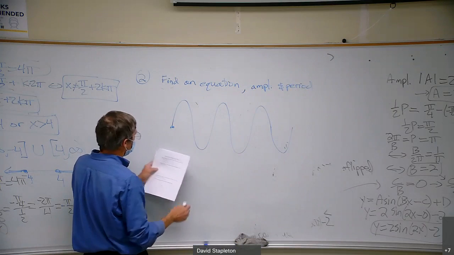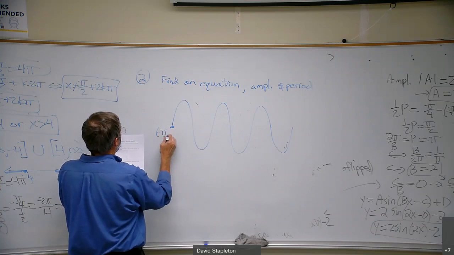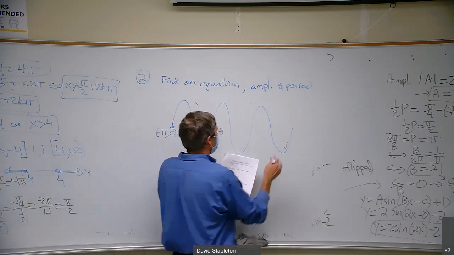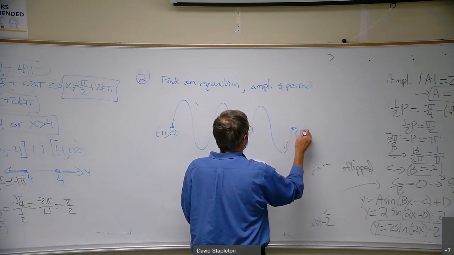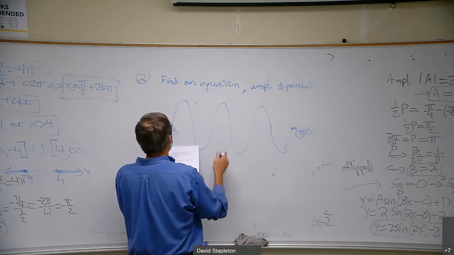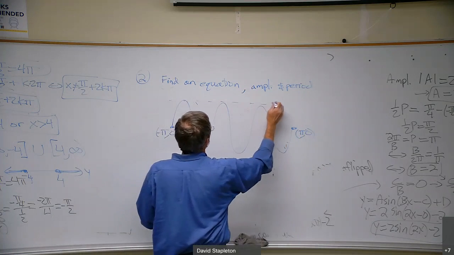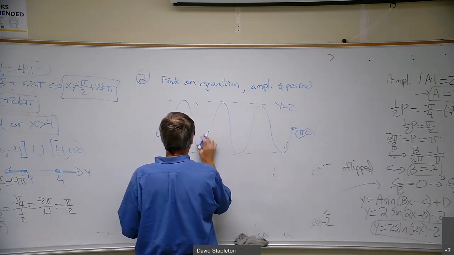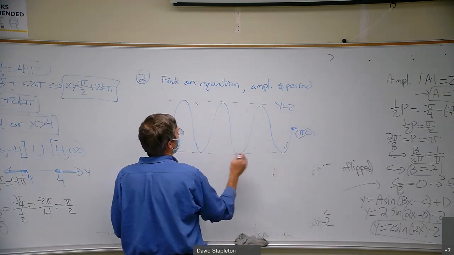You can see that it goes through minus pi, 0 right here. That's on the graph. And it also goes through pi, 0. And if you look at this, it goes up to 2 and down to y equals minus 2. You just have to pick that off, but you can see the exact points.